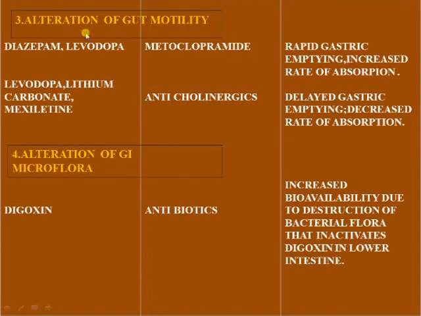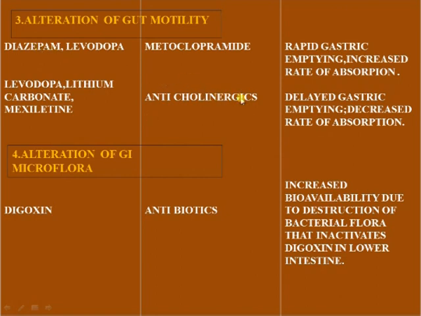The third one is about gut motility. A few drugs can either increase or decrease the gut motility. Drugs like metoclopramide, which are anti-emetic drugs, increase gastric emptying. So there is no time for the drug to remain within the GIT. It's pushed forward in a faster way. So there is less absorption of a few drugs like levodopa, diazepam and so on.